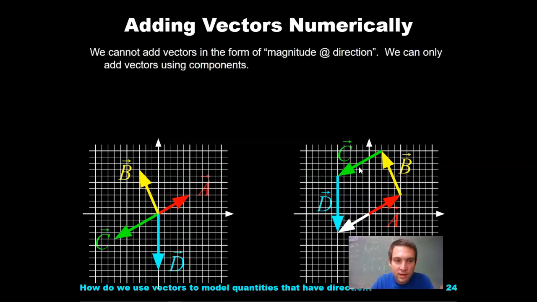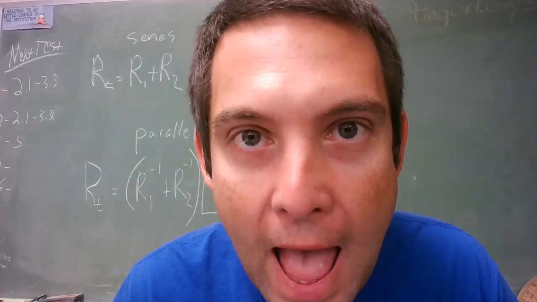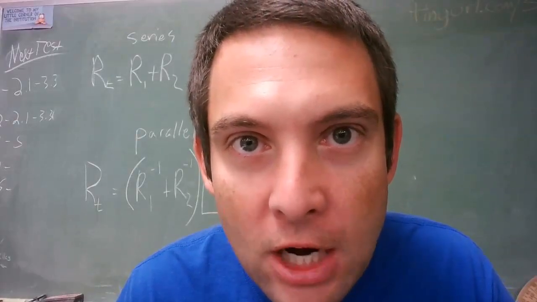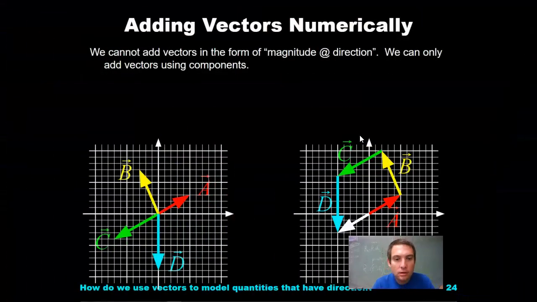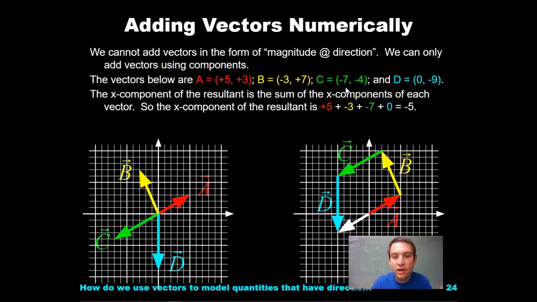Now numerically, we can't add vectors in the form of magnitude at direction. We can only add vectors using their components. The vectors below are A equals that, B equals that, C equals that, and D equals that. The x component of the resultant is the sum of all of the x components together. So the x component of the resultant is positive 5, negative 3, negative 7, and 0.